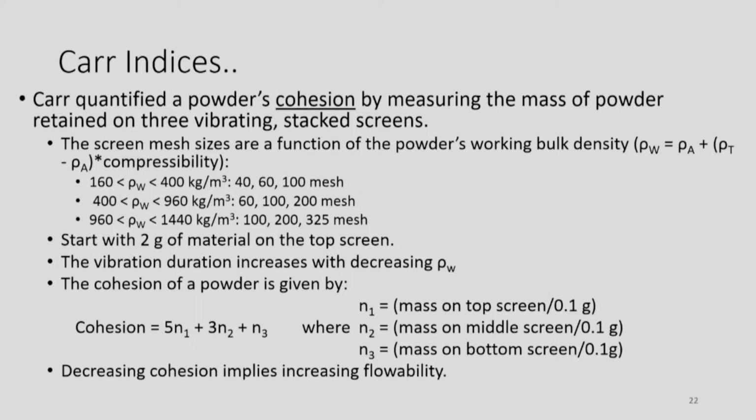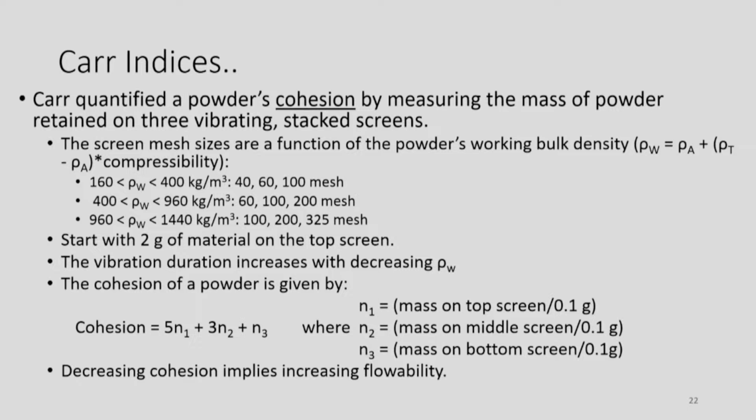So take three meshes, take some amount of powder, and shake it for some time. Depending on the amount of material collected in each sieve, we calculate the cohesion of those samples. Simple and easy measurement, right?